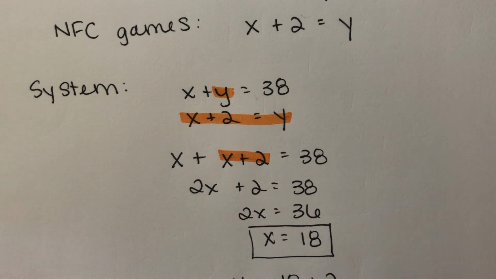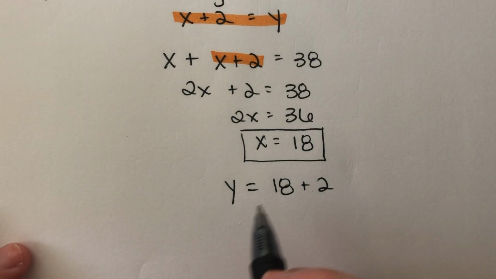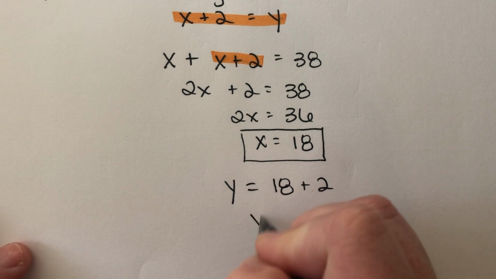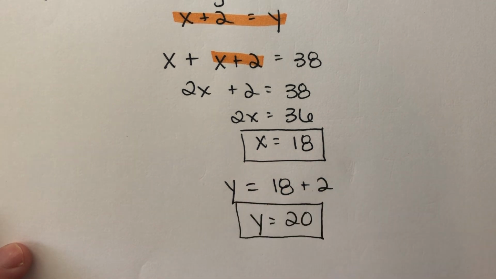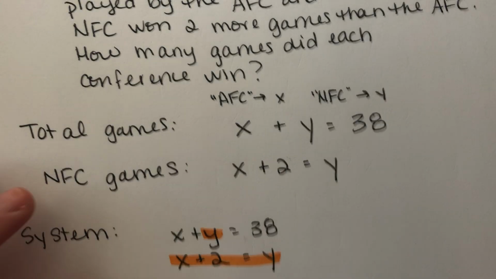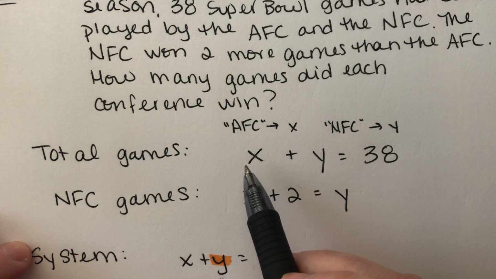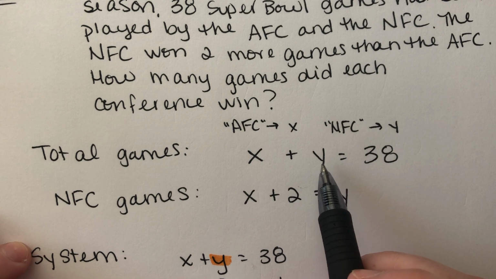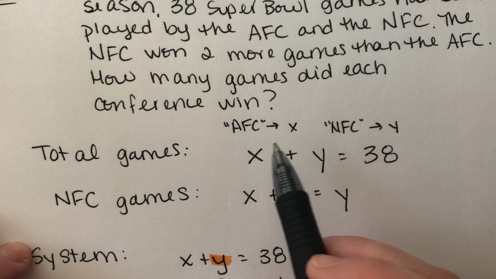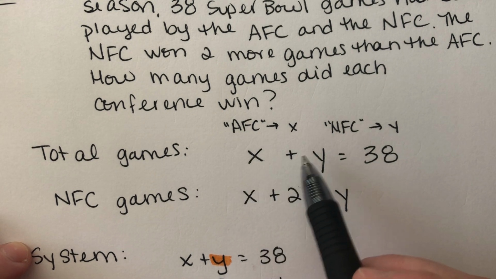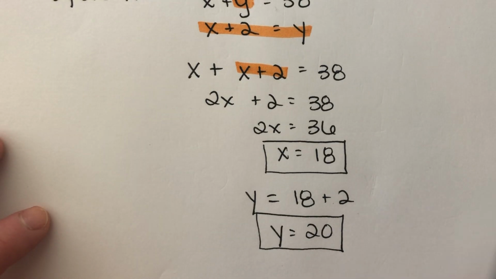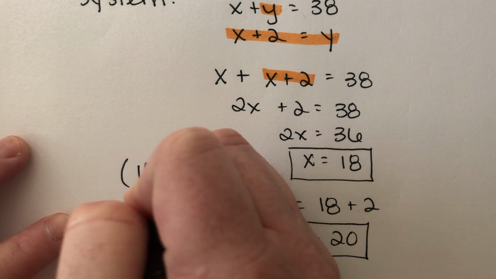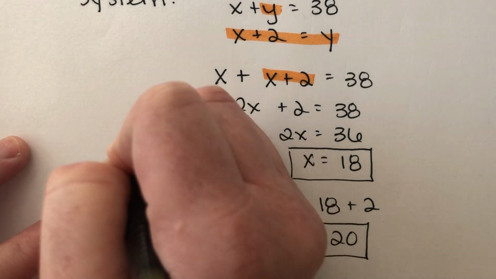And 18 plus 2, X is 18. 18 plus 2 is 20. Okay, so I got an 18 and a 20. So does that make sense that the AFC 18, the NFC 20, is this 2 more than this? Yep. When I add 18 and 20 together, do I get 38? Yep, so it makes sense. So my solution would be 18, 20.